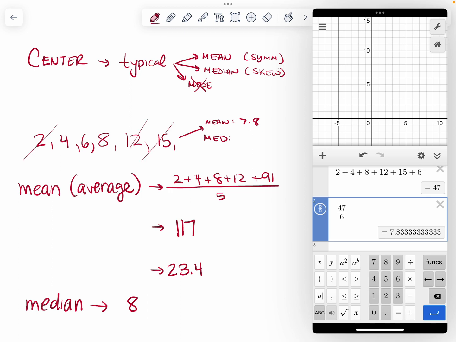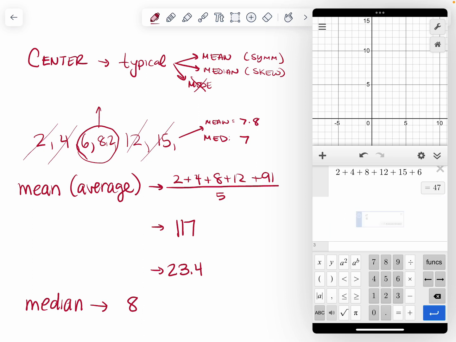This and this, this and this. Oh no, we've got 2 numbers left. So remember, whenever you have 2 numbers left, you have to find the middle of those. Some are going to be obvious, so in between 6 and 8 is 7. But let's just say this was like 6 and 8.2. If there are 2 numbers and it's not obvious, you're going to average them.